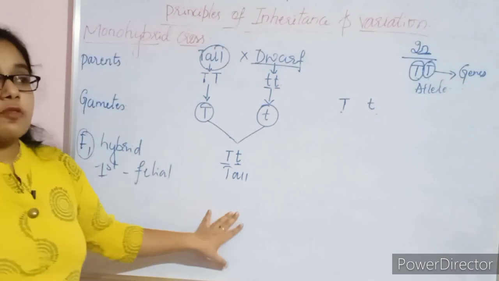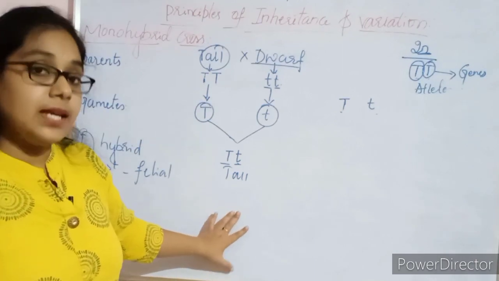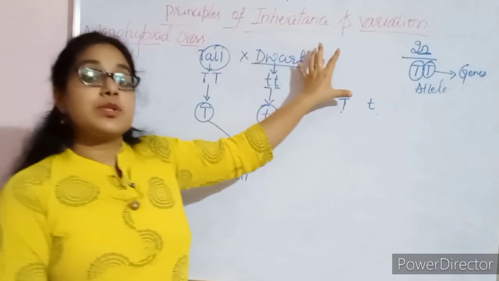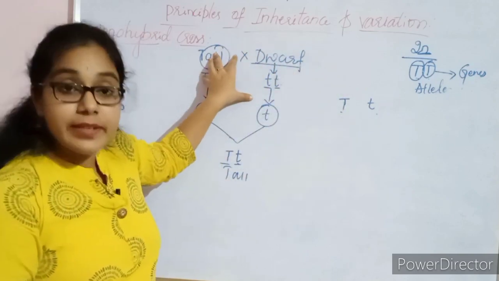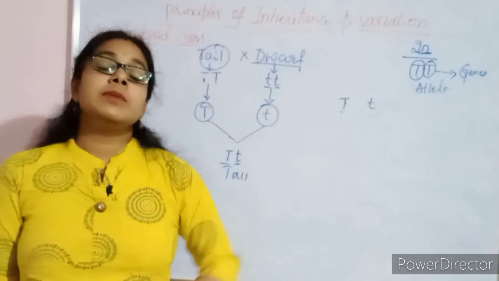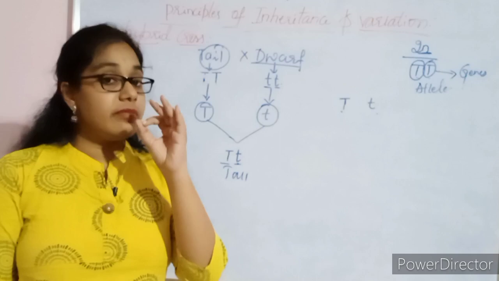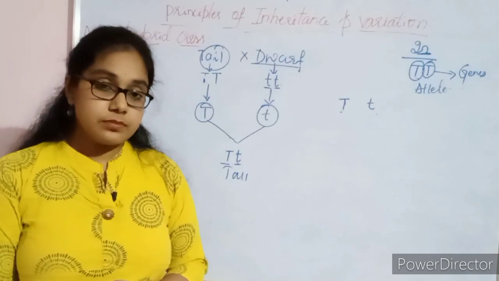While we were discussing the height of a plant, I told you height means they may be tall, they may be dwarf. Among these 2 characters, tall is the dominant character. Only the dominant character will be expressed in the offspring. Why? Because the dominant gene always expresses its character.